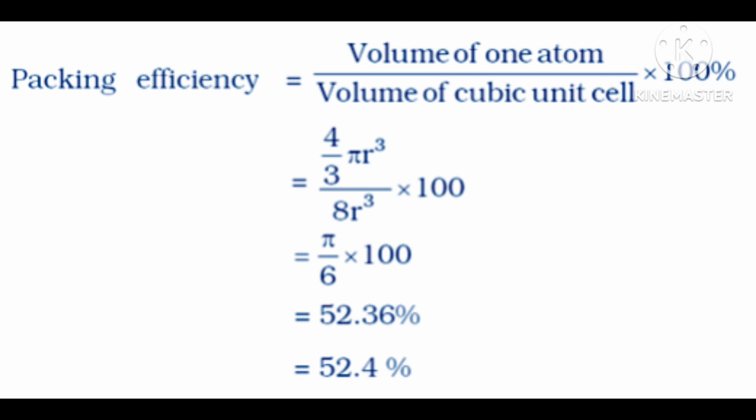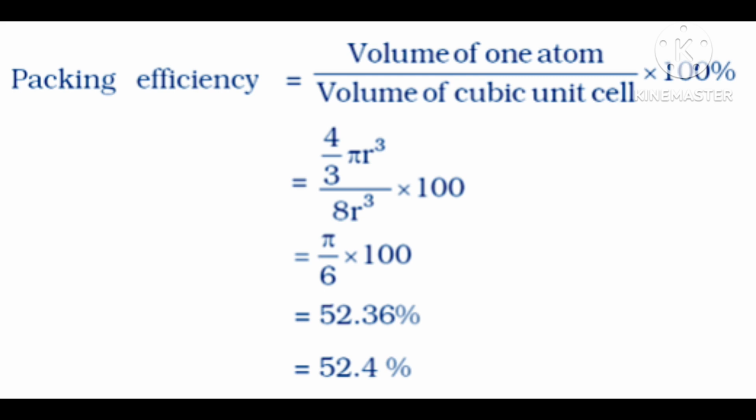But in SI you have to use kg, meter and second. So dividing by 1000, you will get 107.9 into 10 to the power minus 3 kg per mole.